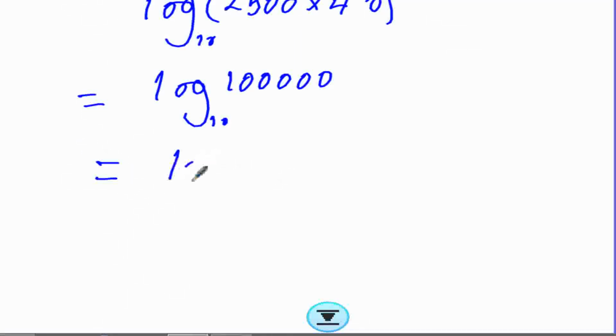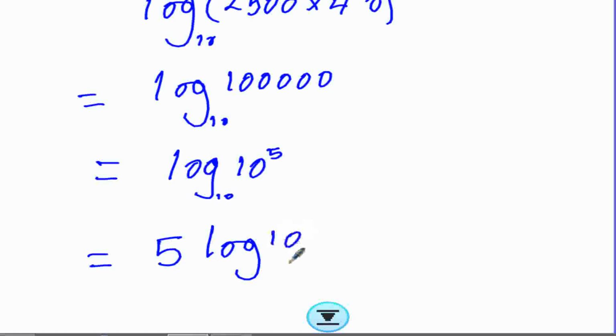Writing 100,000 as a power of 10 is easy. You just write 10 with the number of zeros you have. We have 5 zeros, so it is 10 power 5 with the base 10. So applying the last law, this 5 goes in front. And that will give us 5 log 10 base 10.